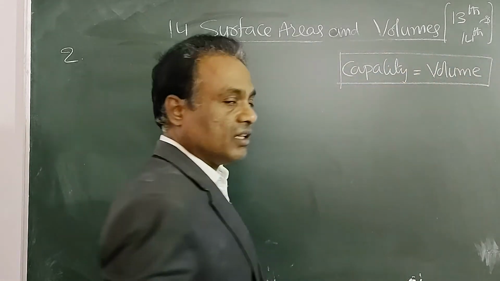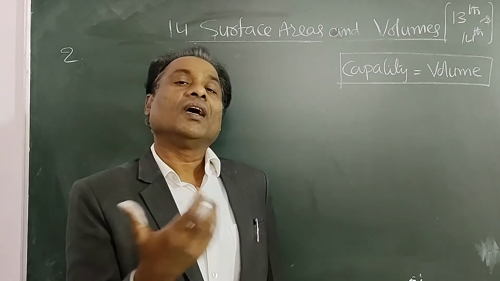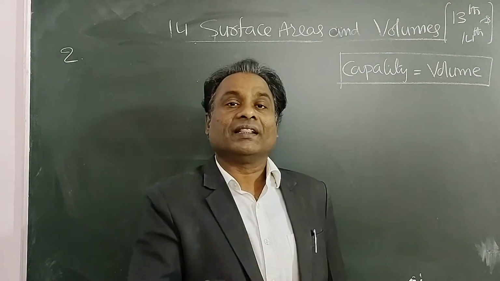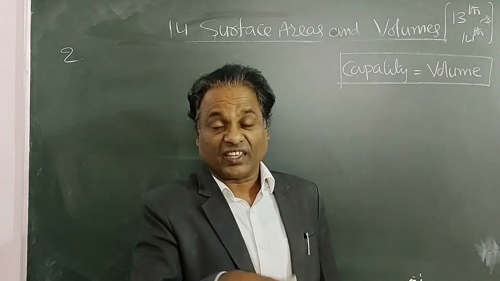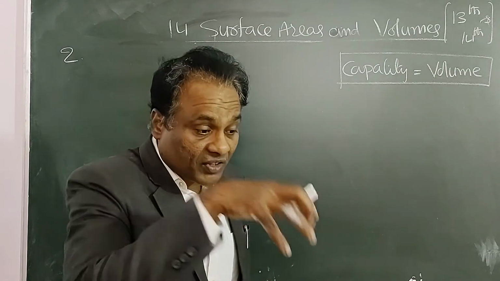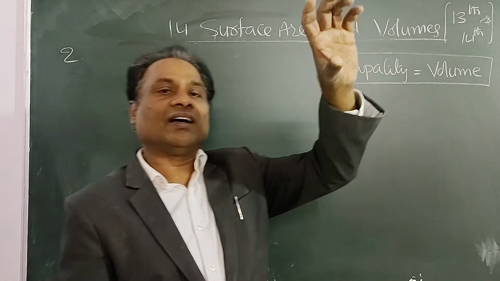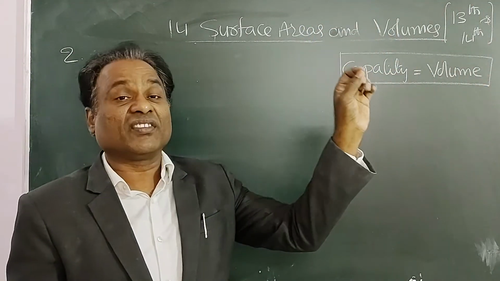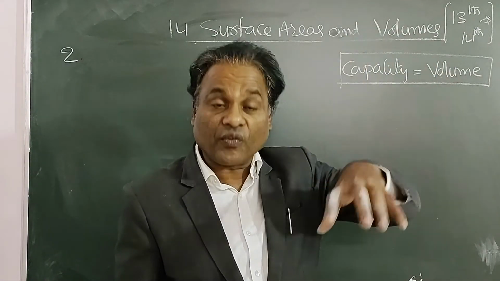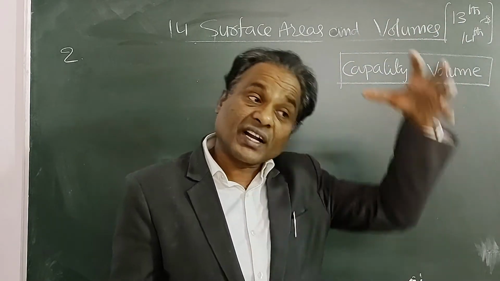Generally, in a cuboid box or cube shaped tank or box, if water or milk or anything is kept in that, then we use the word capacity of the water or capacity of the tank. Capacity means volume of water or any liquid which can be stored in the tank.